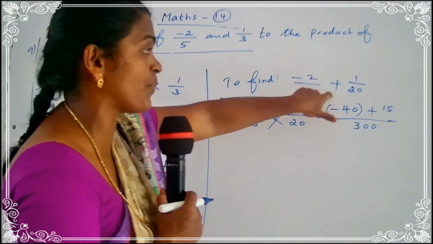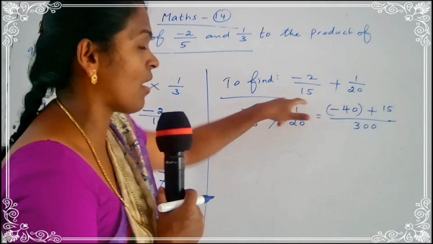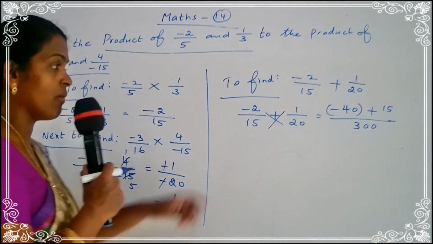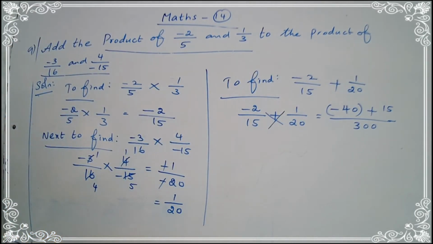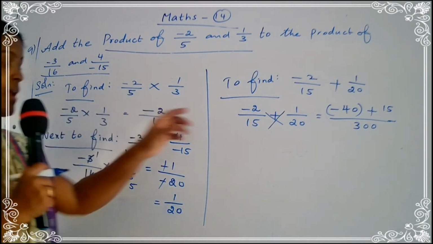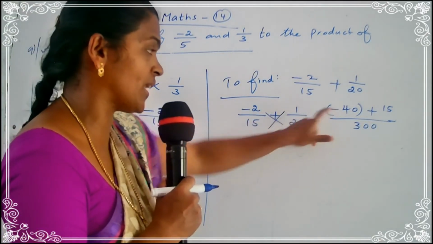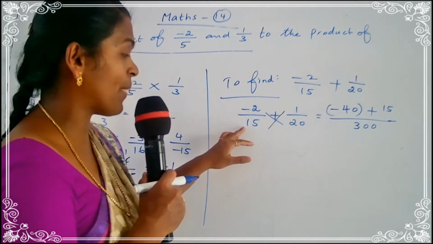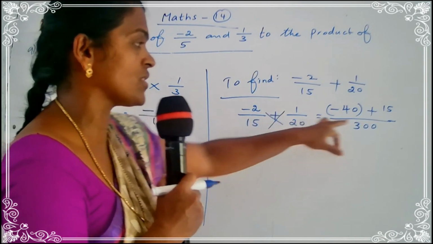The denominators are different numbers, so we follow the LCM method or cross multiplication method. Here I am following the cross multiplication method. So minus 2 into 20 is minus 40, plus 1 into 15 is 15, upon the product of the denominators, 15 into 20, which is 300.